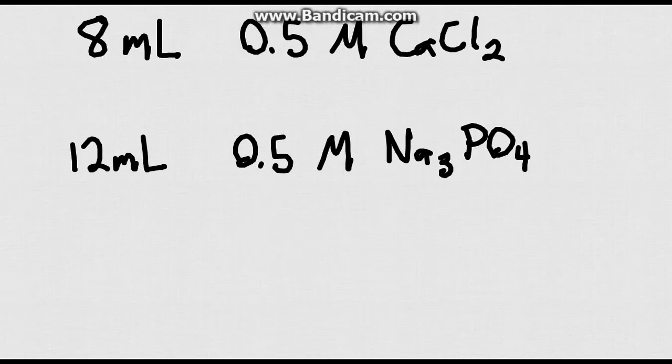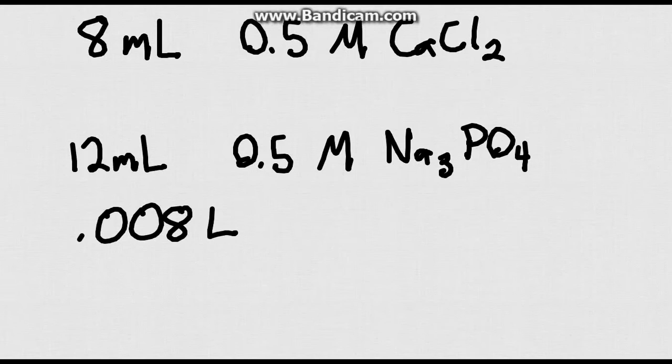So we've got 8 milliliters, which I would suggest you learn how to quickly convert between milliliters and liters. So remember, there's 1,000 milliliters in 1 liter. So there are 0.008 liters in 8 milliliters.